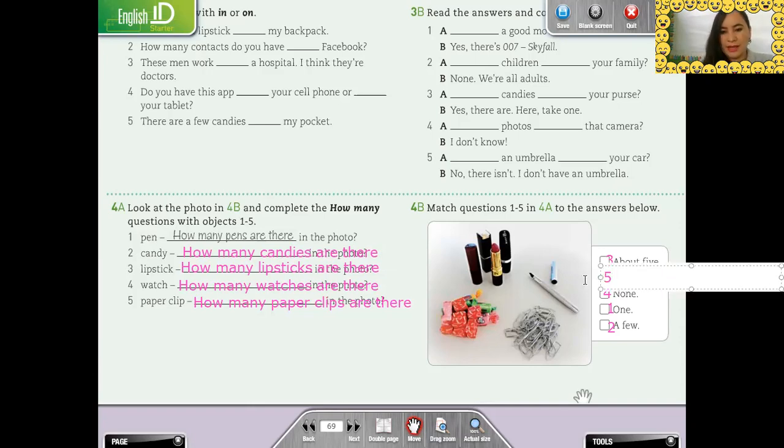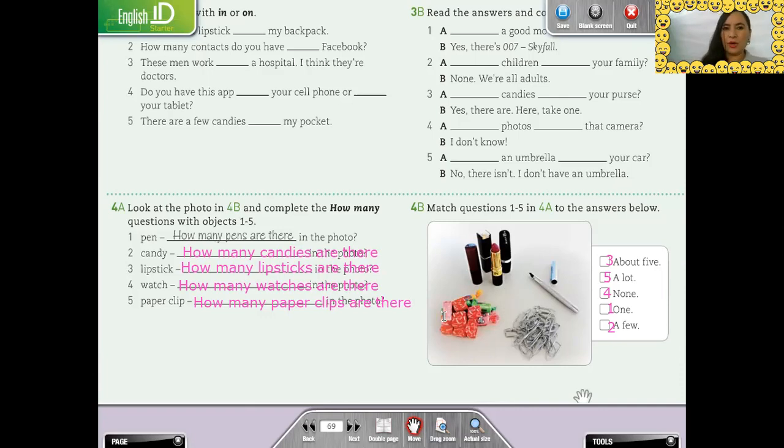Okay, a lot. Let me tell you something. This is a review I'm gonna do today. About 5, when you don't know exactly the amount of things. In this case, you can say, how many candies are there in the photo?